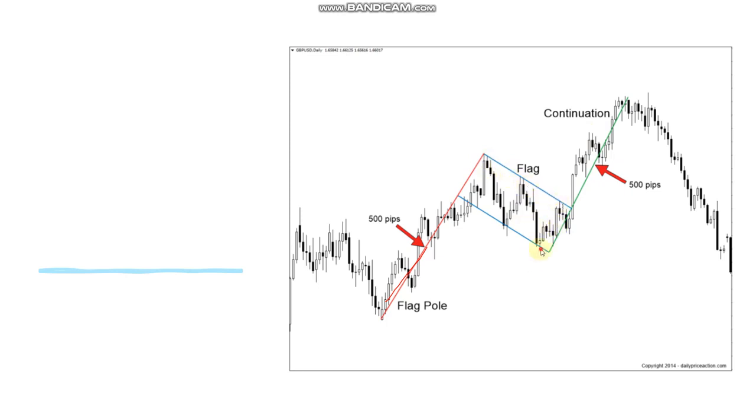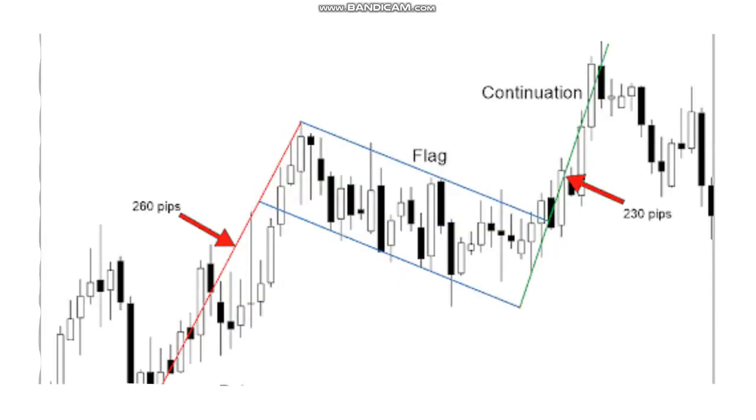If the market breaks this line, then you need to short the market, and if the market breaks this line, you need to go long. That's it. This is the same flag pattern again. The market was going up, consolidated and went up again. This is the perfect entry point.